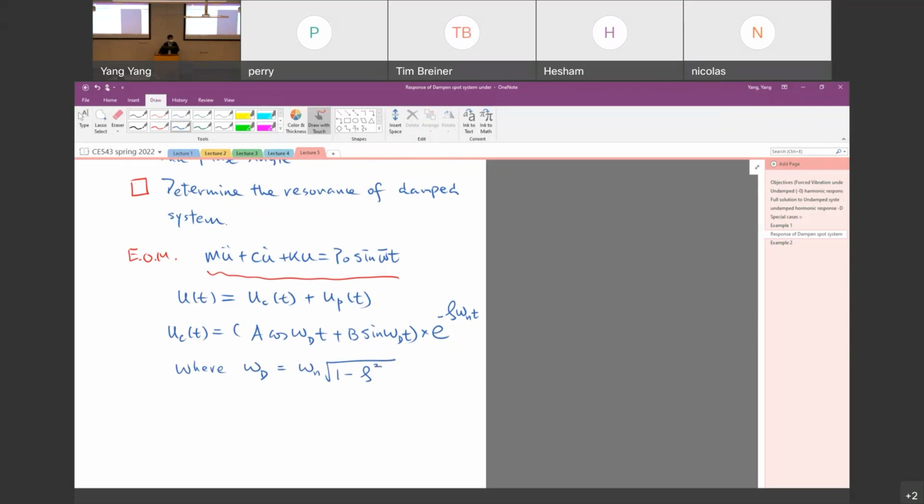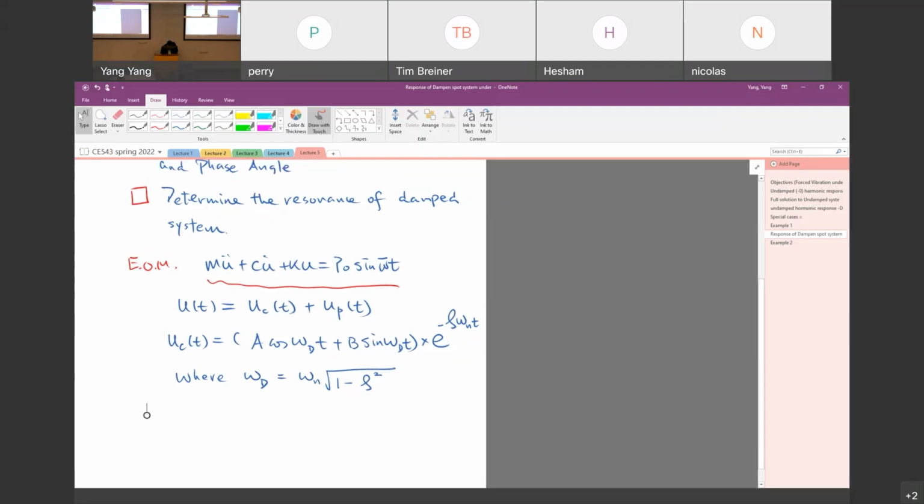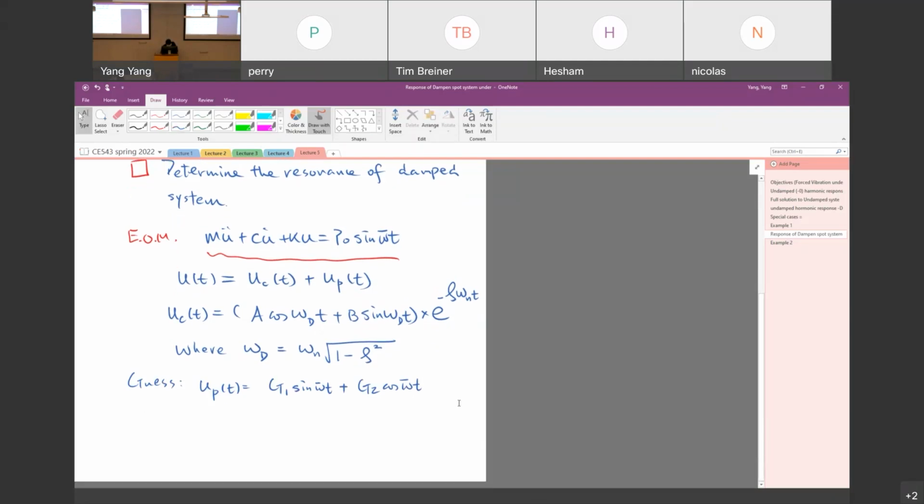Similarly, we get the particular solution here. The particular solution is equal to E1 sine omega bar t plus E2 cosine omega bar t, like an assumption.